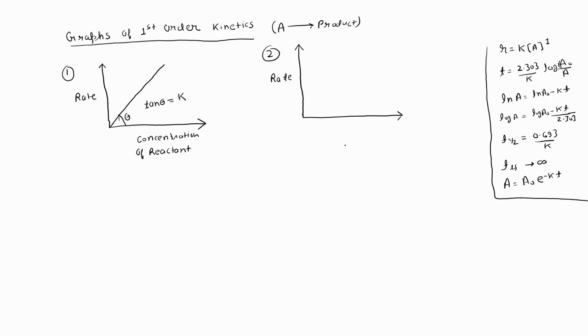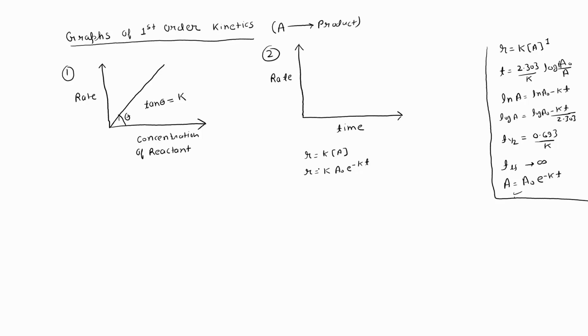Rate with respect to time. So how to define rate with respect to time? We know that rate is equal to kA, and we use this equation for A, and rate is equal to k A naught e to the power minus kt. So rate is a function of time.